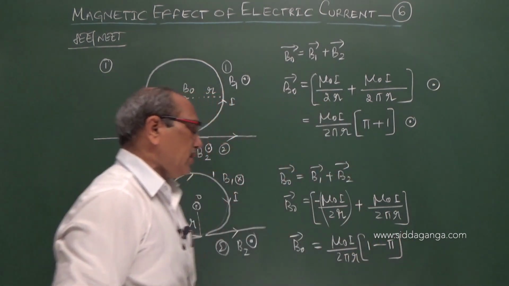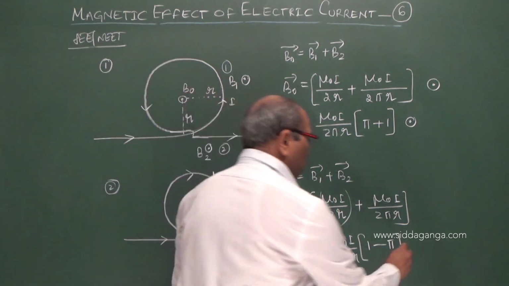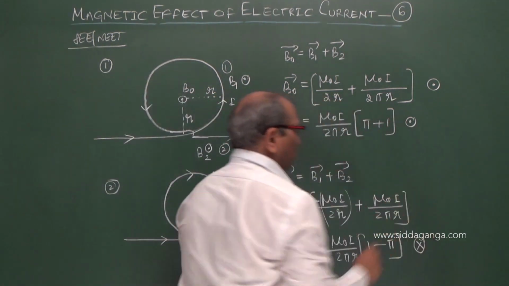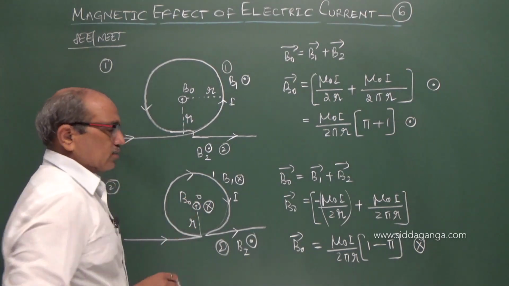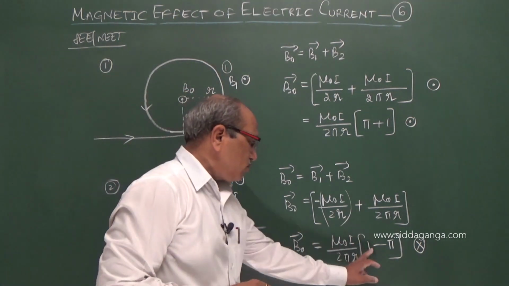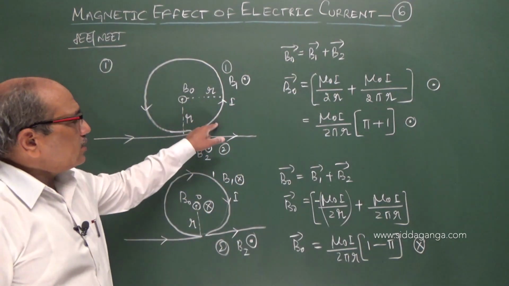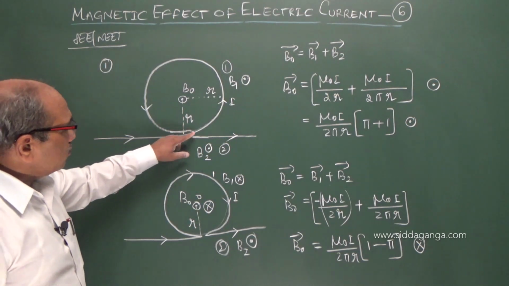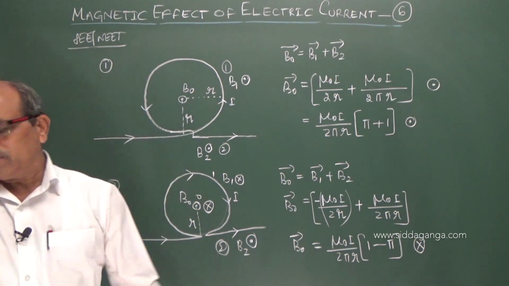As minus pi is higher than 1, that means the net field is into the board. Final answer: field is into the board, with that magnitude. We get B naught equal to this answer. In the previous case, it was out of the board, but it was crossed anti-clockwise. In this one, it becomes clockwise.